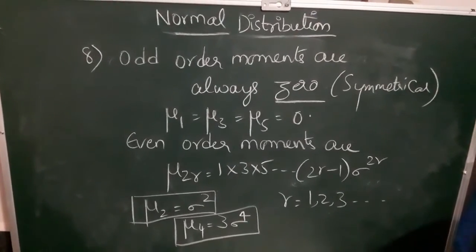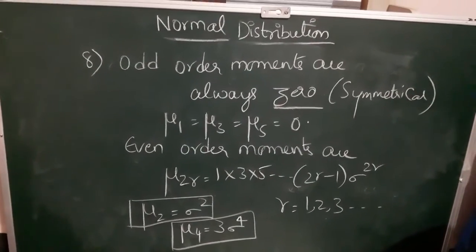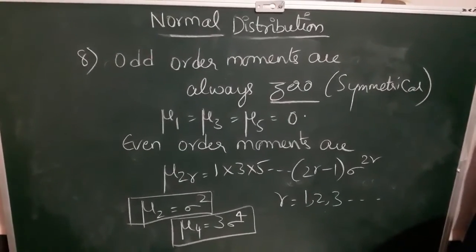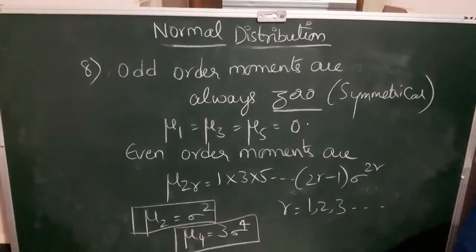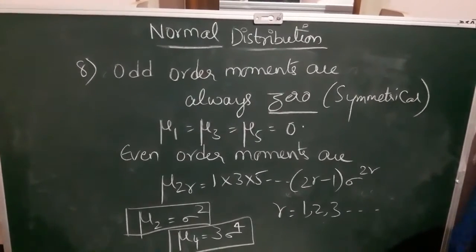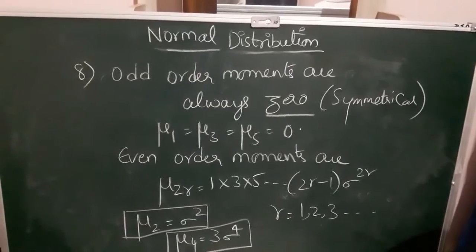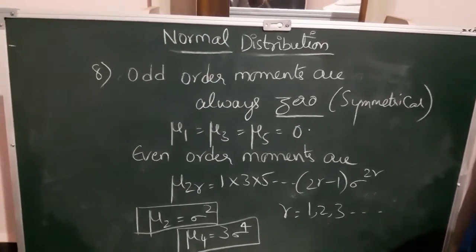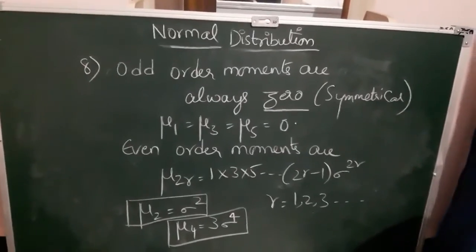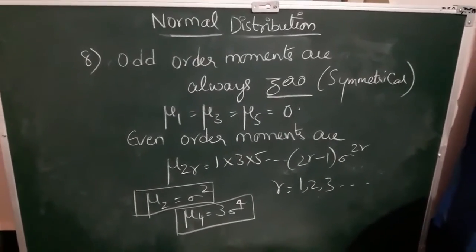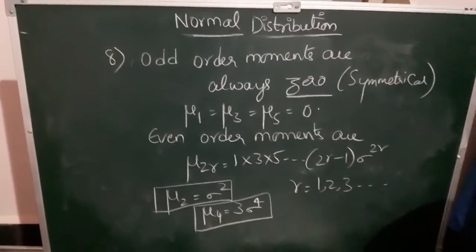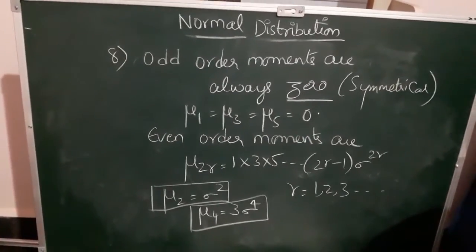Look here, the odd order moments are always 0 because the normal distribution or the normal curve is always symmetrical. Symmetrical means mean, median, mode coincide at the origin, mu equals 0 or beta 1 equals 0. So that's why odd order moments are always 0.